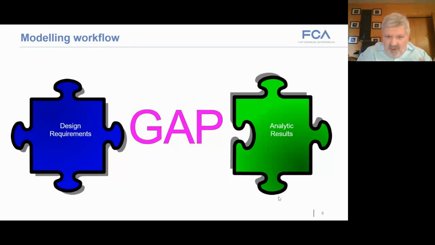It could be, after it's gone out, we're having a problem with dunnage and there's been damage in shipping. There are many, many different kinds of design requirements. There's a gap between what we intend to have and what the AI is producing as an analytic result. So what we're going to do is first study what the difference is.